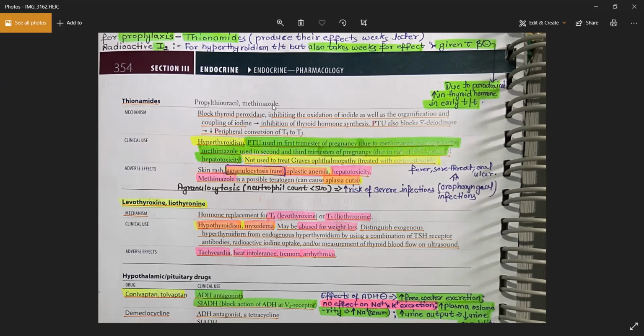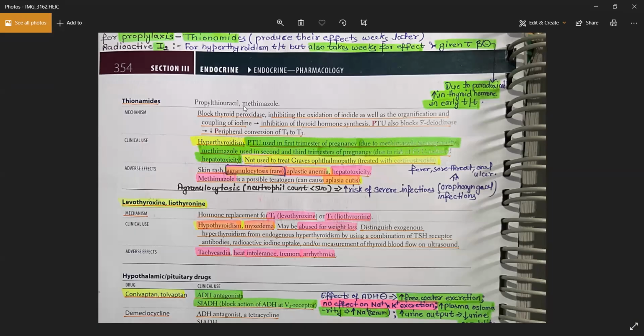So PTU is a highly hepatotoxic drug, and methimazole is a highly teratogenic drug.